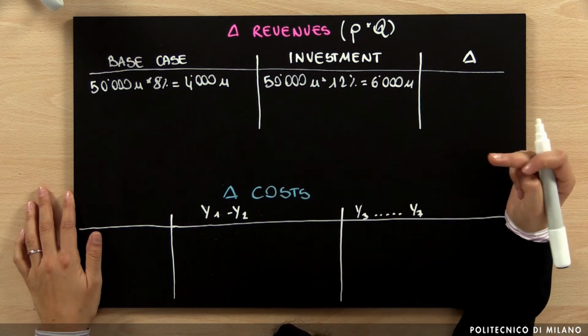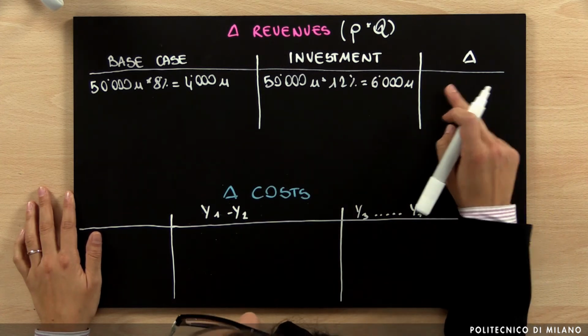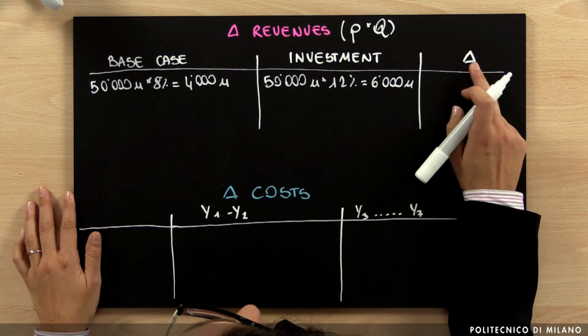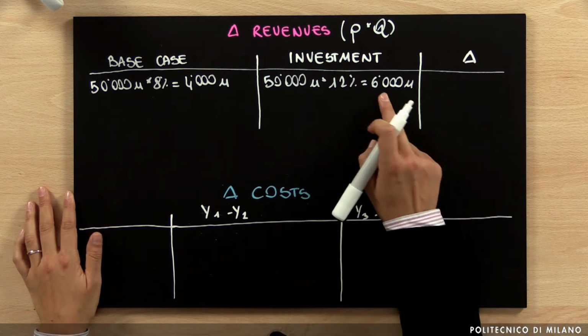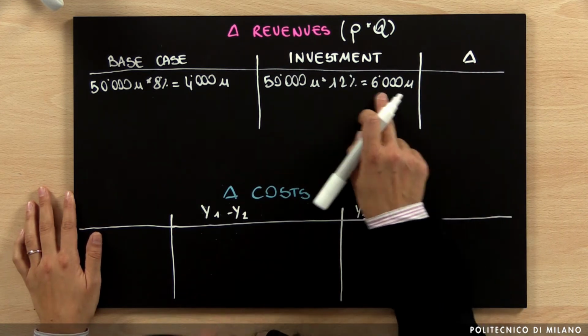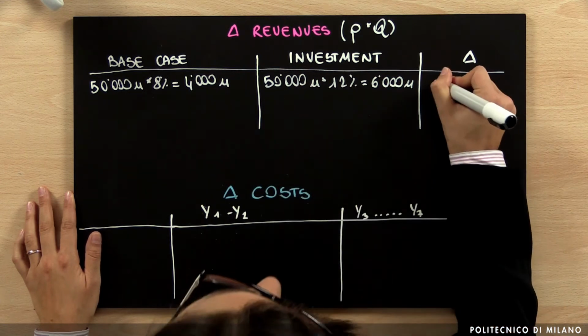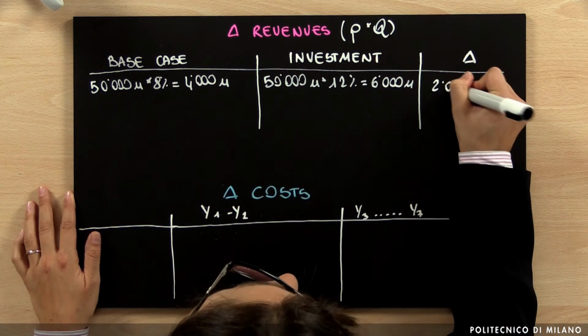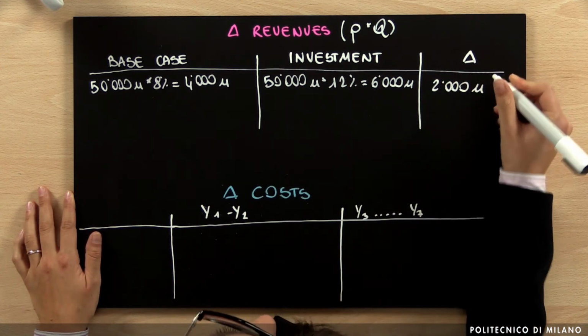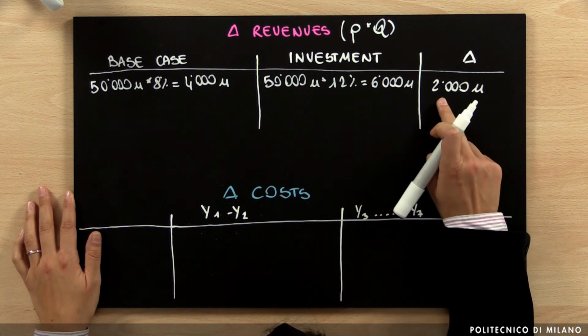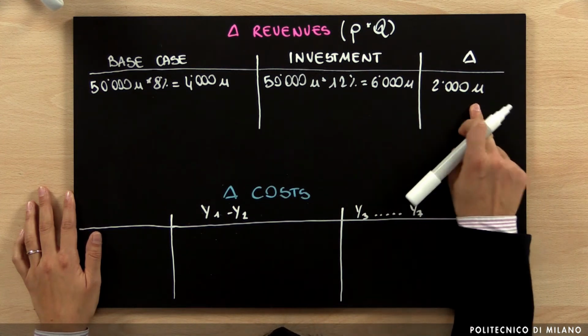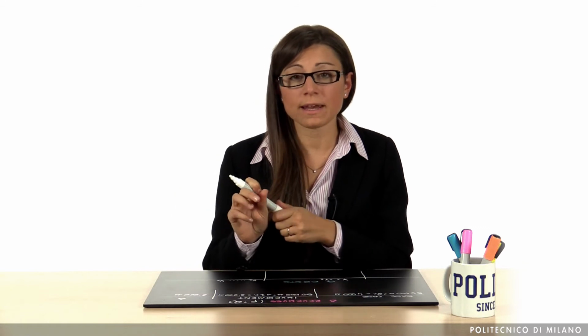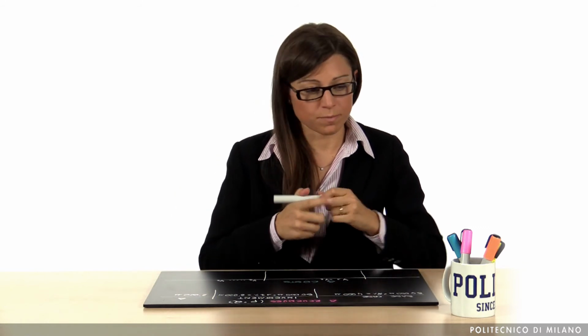Remember that we need to adopt an incremental logic, so we do not care about the overall amount, but we take into account the difference. So the difference between 6,000 units and 4,000. The additional units that the company is able to sell because of the investment are 2,000 units. Given this amount, we can now calculate the variation in the revenue.